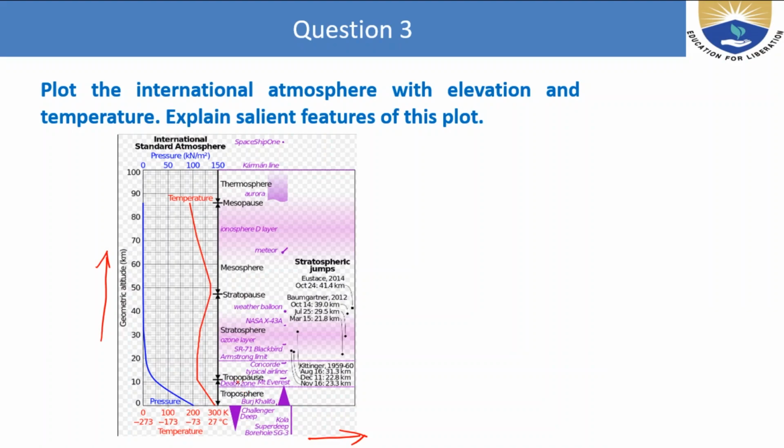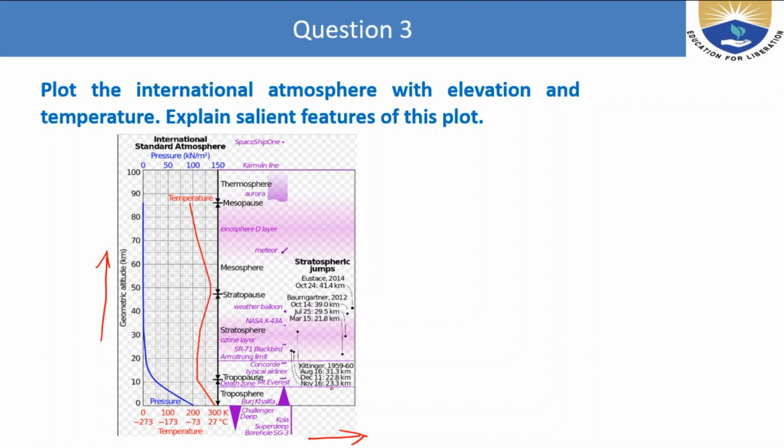Then we have the tropopause, then the stratosphere, then the stratopause. The pause means it is the boundary between the present layer and the next one. Then mesosphere, then mesopause, then thermosphere, and last is the Kármán line.